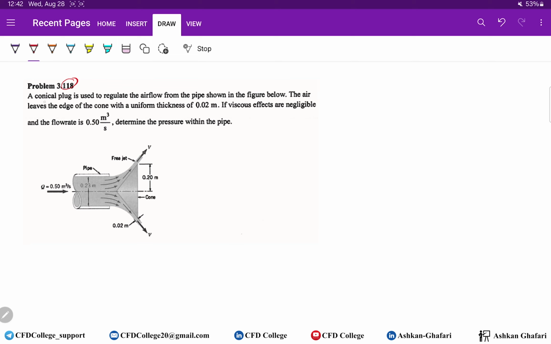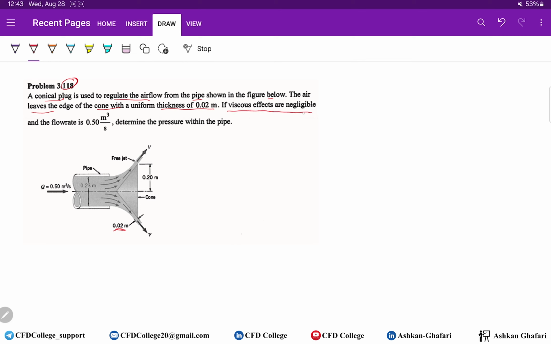Here we have a conical plug which is used to regulate the airflow. So here we have air from the pipe shown in the figure below. The air leaves the edge of the cone with a uniform thickness of 0.2 meter. So here the thickness is 2 centimeters.